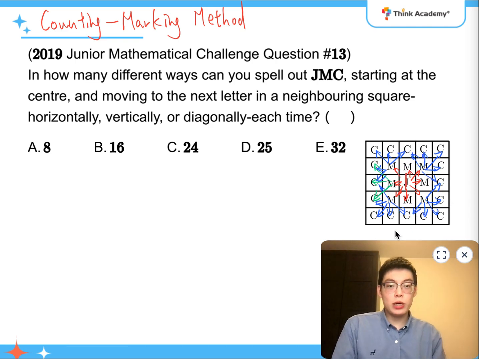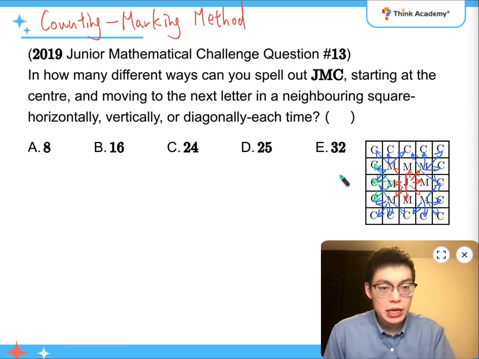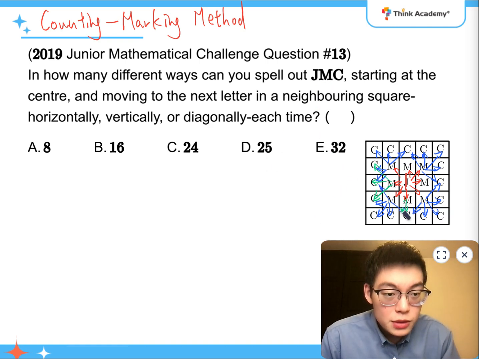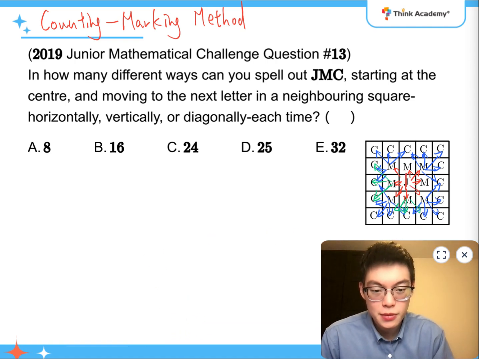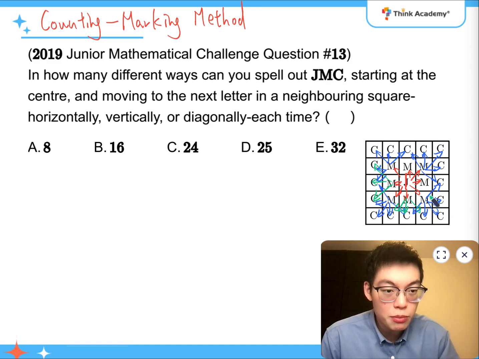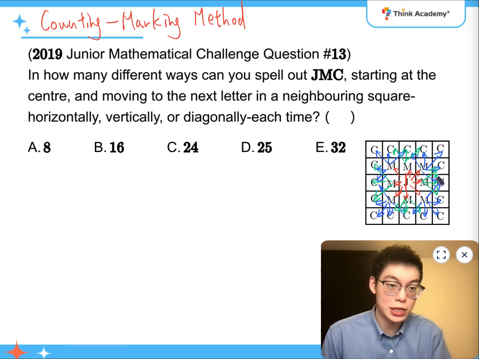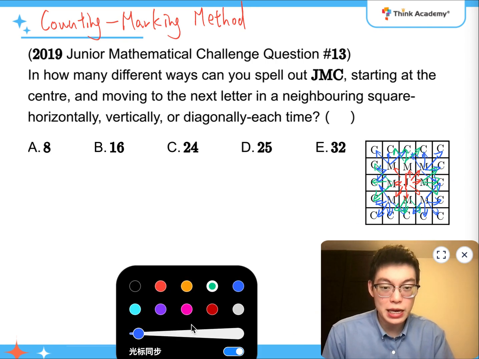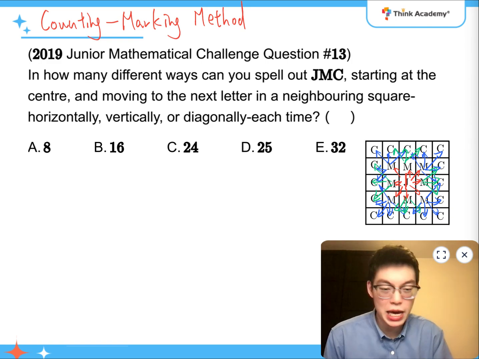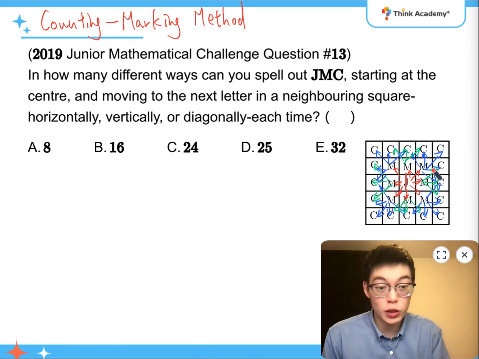So finally, what I can do is that you can either just try to start from the J and then count the number of ways you can move to the next step. So that's really messy right now. But then if you are really on a piece of paper, I believe you can draw a clearer picture than this.